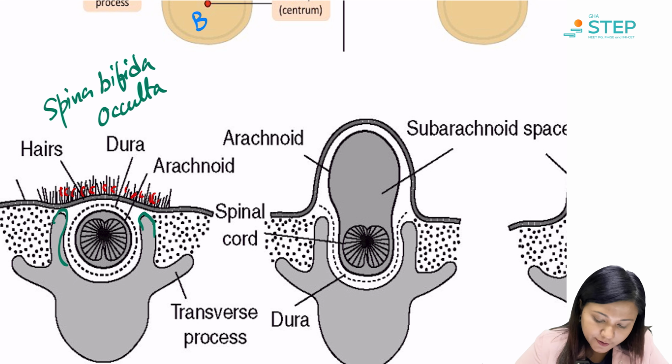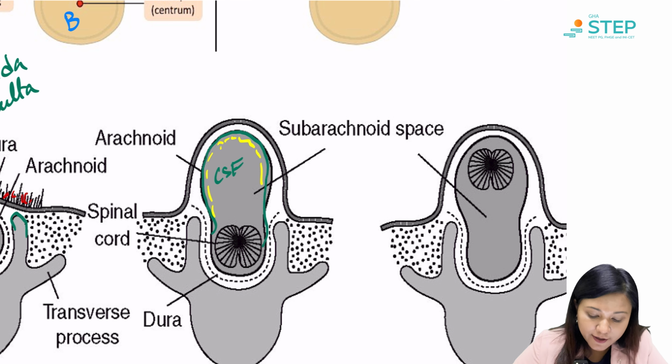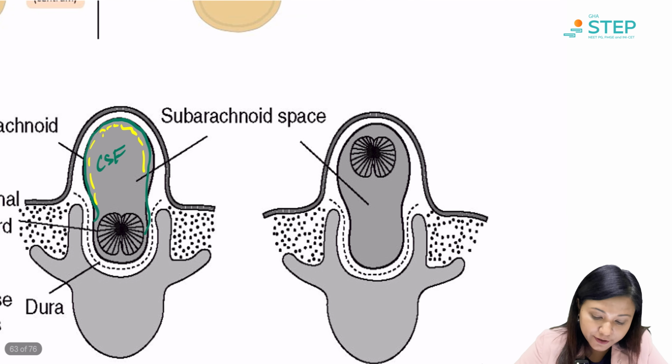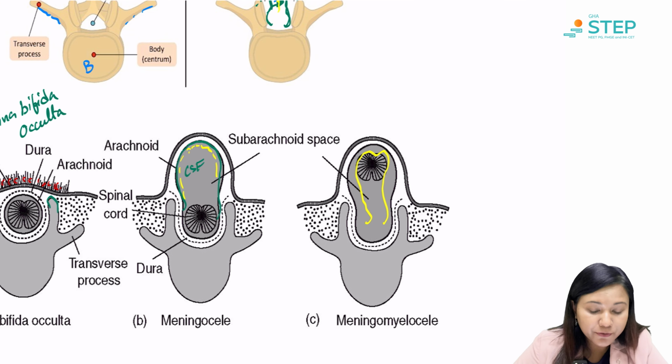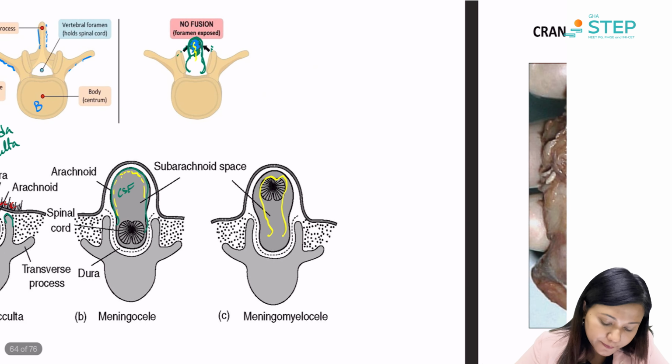Now what will happen in meningocele? The contents of the vertebral column will protrude, but the spinal cord will not protrude, only the CSF along with the meninges. So this is the meningocele. And in the myelomeningocele, along with the meninges, the spinal cord is also protruding out. So meningomyelocele or myelomeningocele is more severe, right?